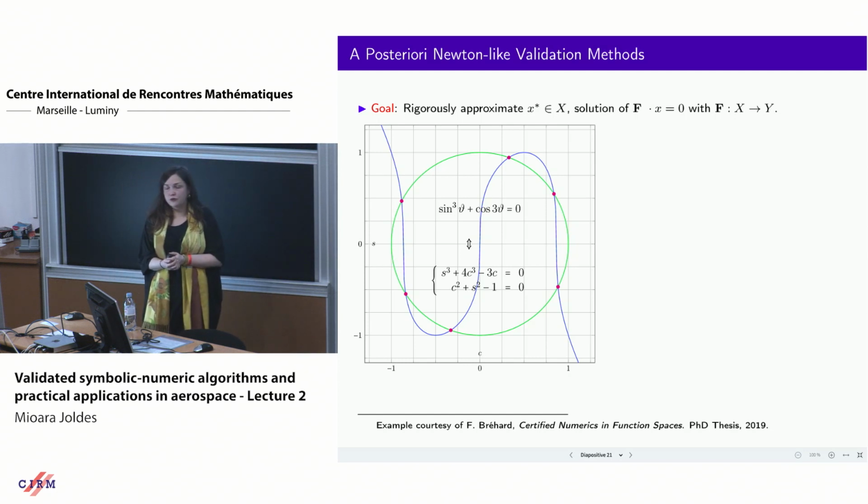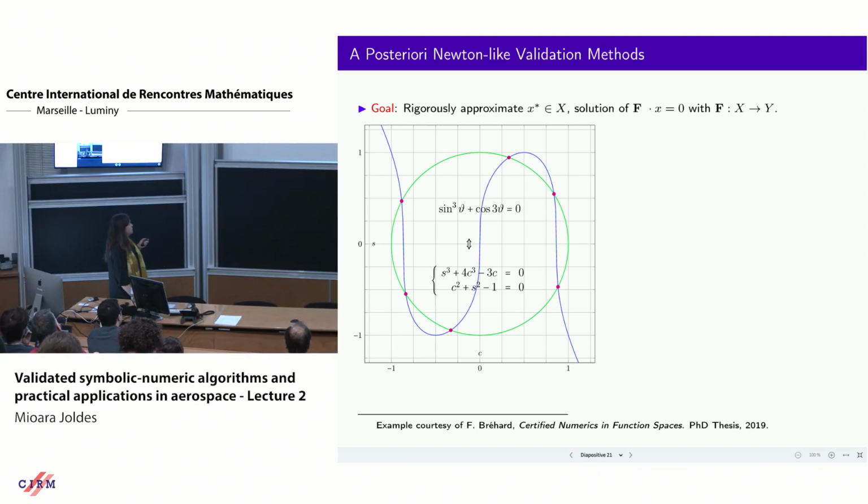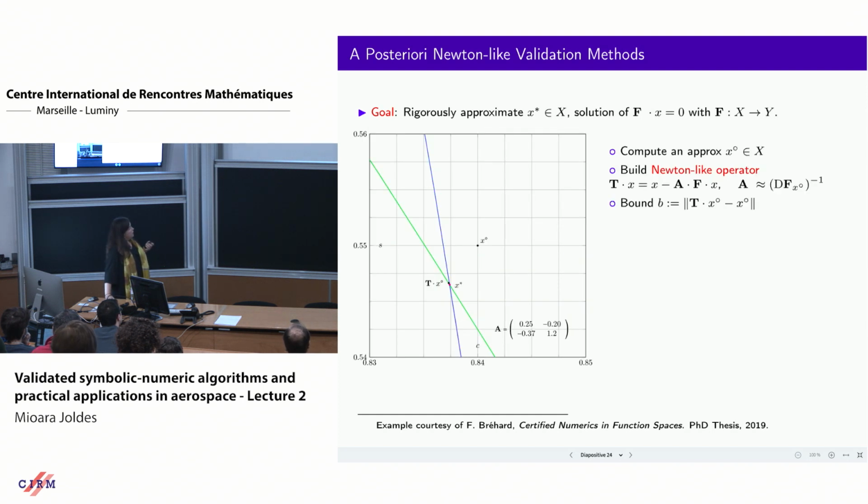So let's say that we want to find the root of this simple equation, so it's cosine and sine, and we write it as a simple polynomial system, and we want to apply the Newton-like operator that I showed before. So let's say we have one approximate guess for this root. Then we build the Newton-like operator that I showed before.